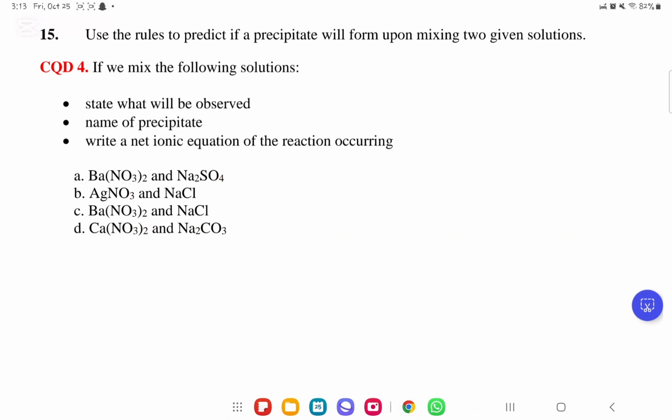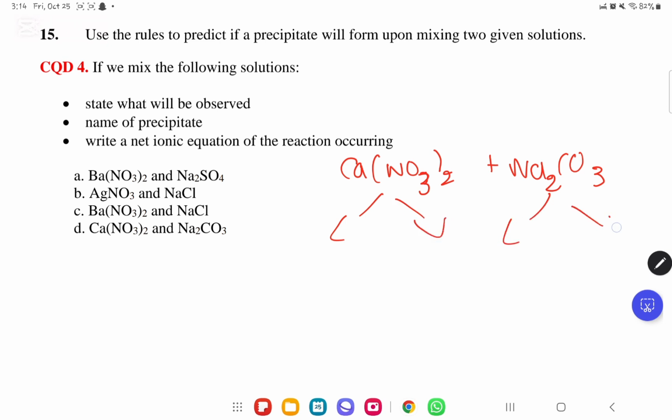So that was it for part C, which is Ba(NO3)2 and NaCl. Now we go on to part D. Part D, we have Ca(NO3)2 plus Na2CO3. Okay, so let's break them into their ions. We have Ca2+, NO3-, Na+, and CO3 2-.